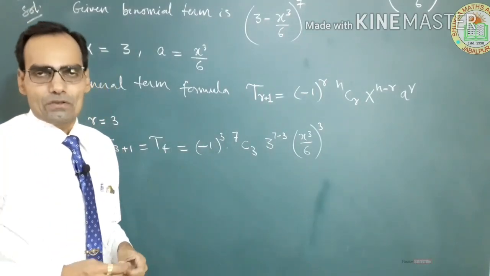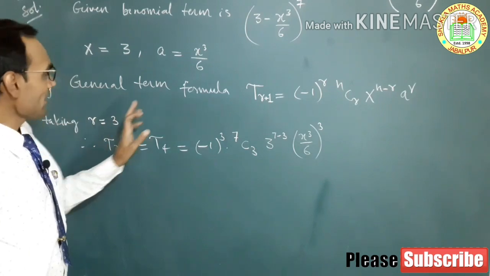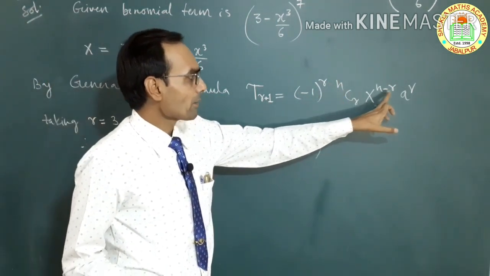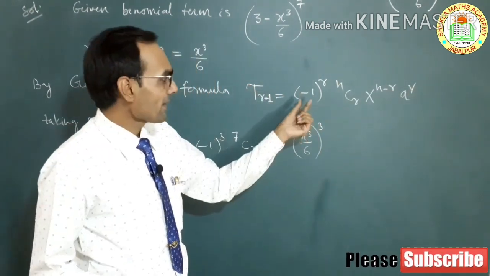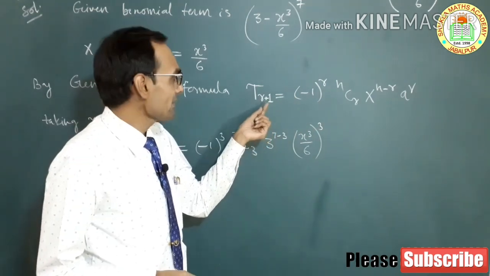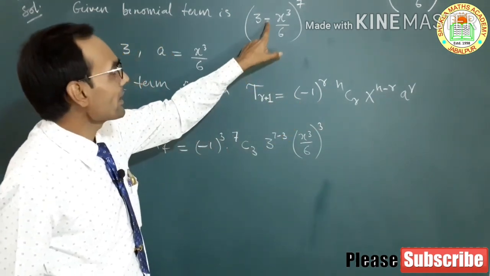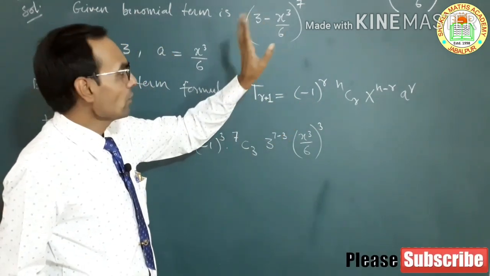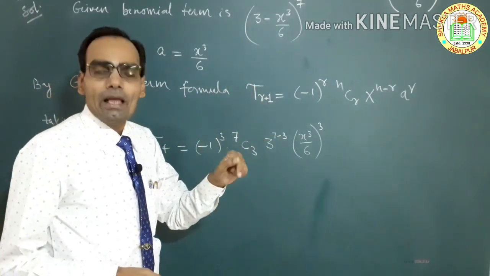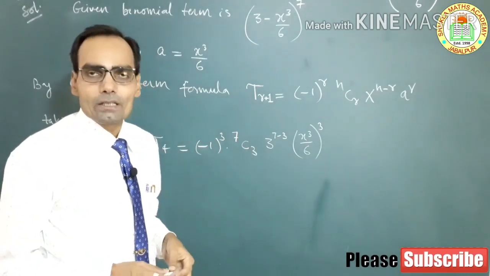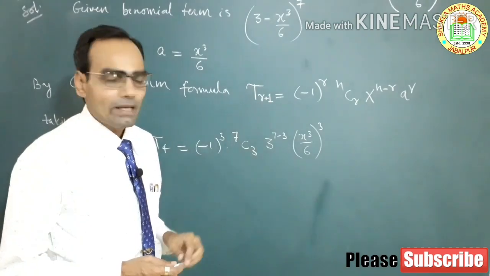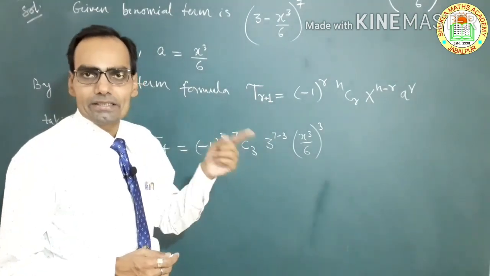So the general term is T_(r+1) = (−1)^r nCr x^(n-r) a^r. Here (−1)^r is taken in this general term because the middle sign between x and a is minus. So the (r+1)th term will be negative or positive depending on r. If r is even, it is positive, and if r is odd, then it is negative.